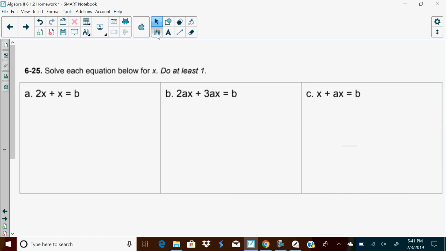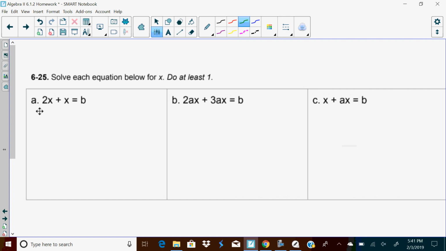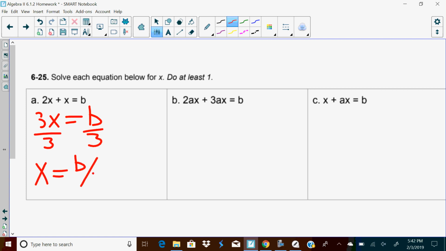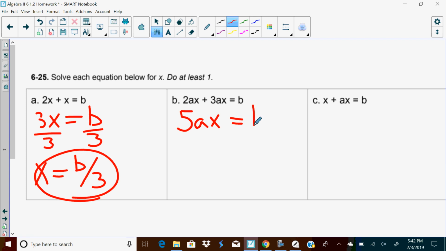6.25, solve for x. So for a, I'm going to combine like terms and I get 3x equals b, divide by 3. So x equals b over 3. For b, I'm going to combine like terms again, and I get 5ax equals b, divide by 5a.